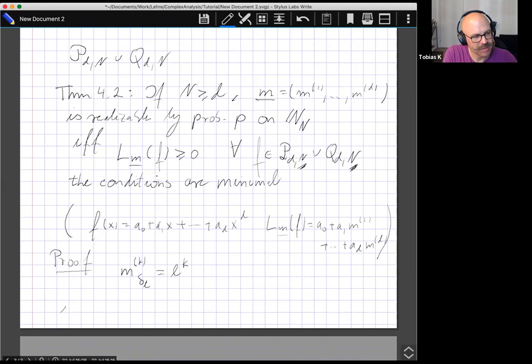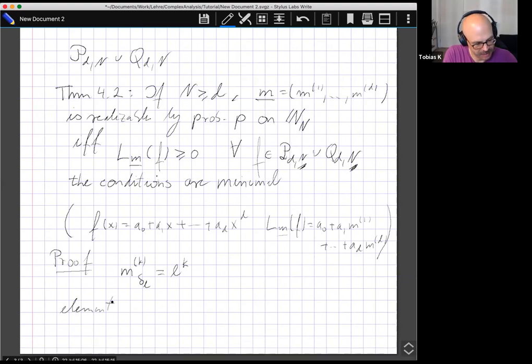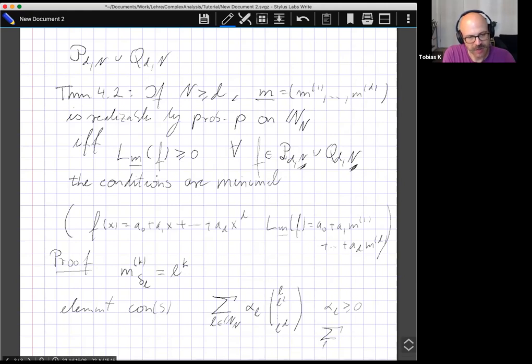So an element in the convex hull is always of the form: I sum over all l element of N, I take alpha_l, and then I take my vector (l, l squared, up to l^d), where the alpha_l are nonnegative and the sum over l element of N of alpha_l is 1.